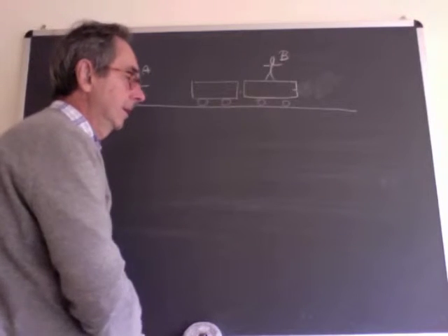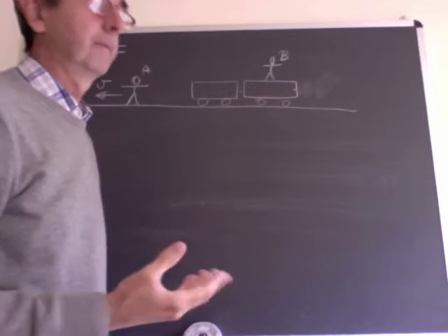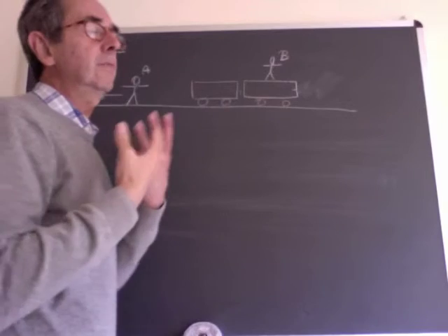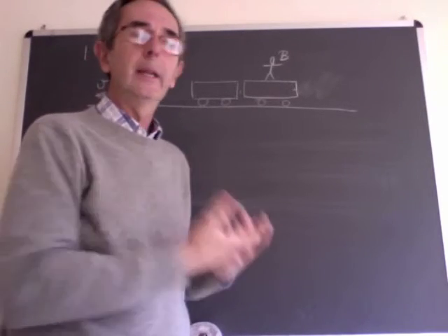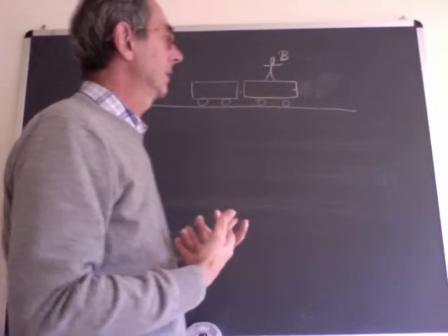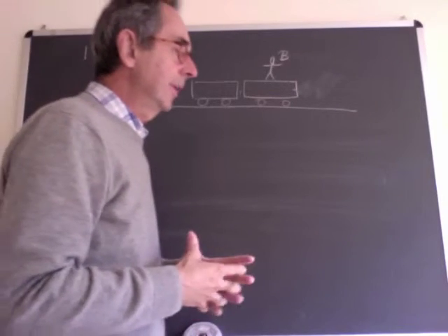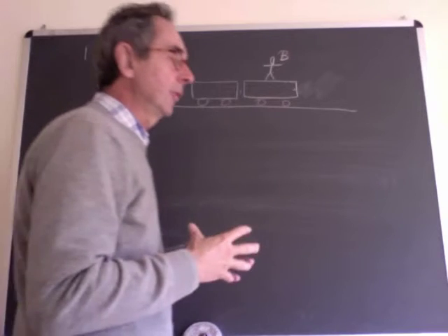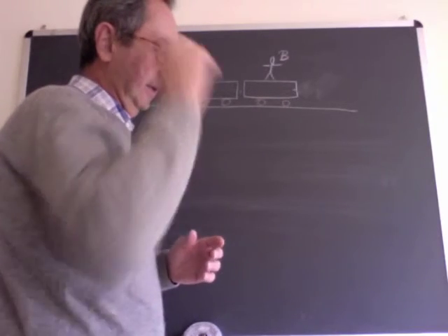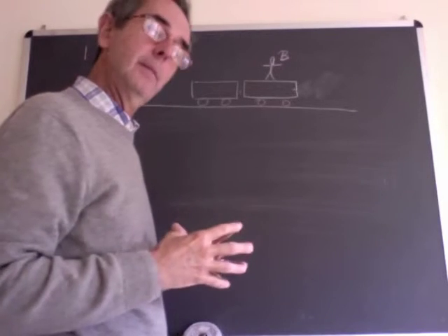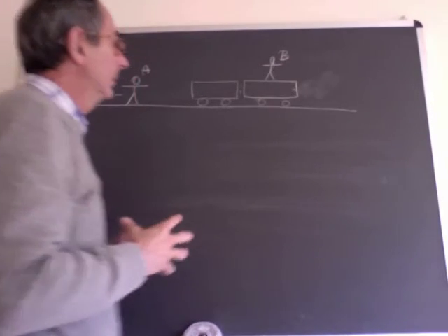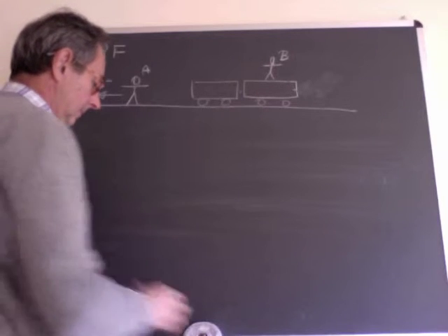This is the relativity of the motion. But this was already well known to Galileo and then to Newton as well, and they knew that all the laws of physics are exactly the same in both reference systems.